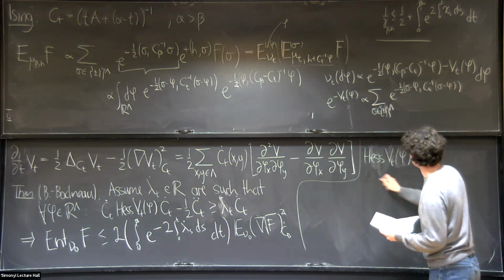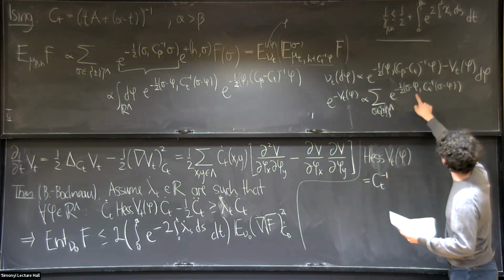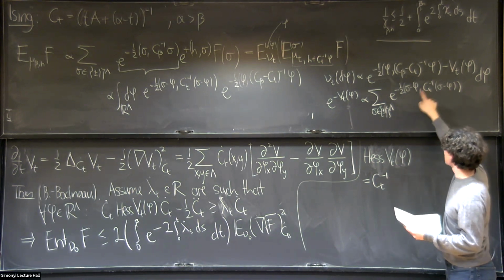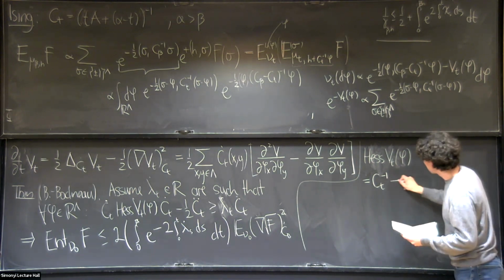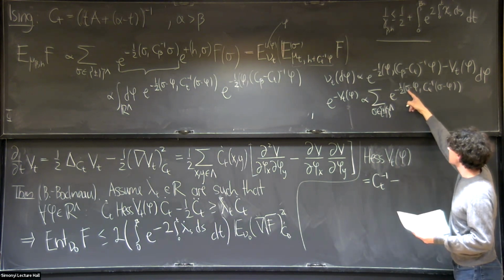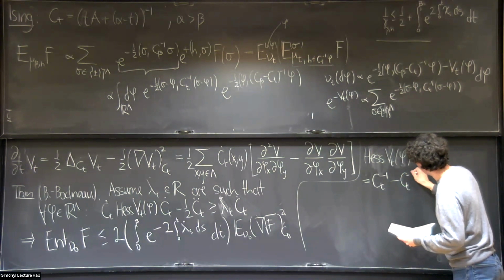It's C_T inverse. That's the first term, which comes from differentiating here and here. That just gives the C_T inverse. And then there's a variance term, which comes from, because we're taking a log, once we're differentiating once, we get a variance, right? And that's C_T inverse.